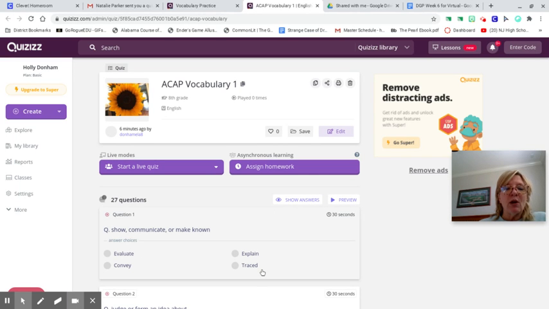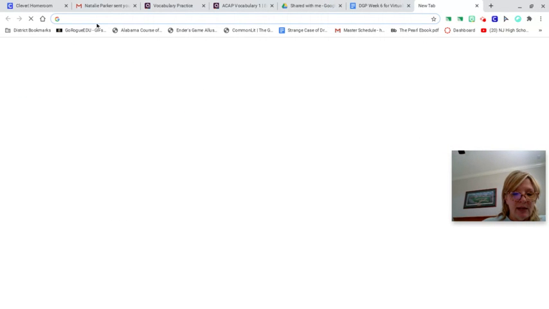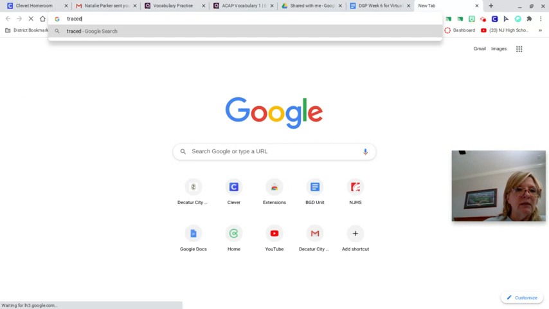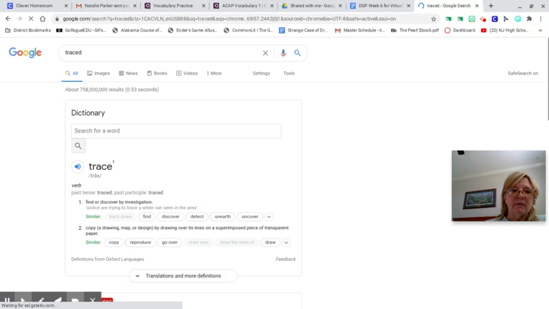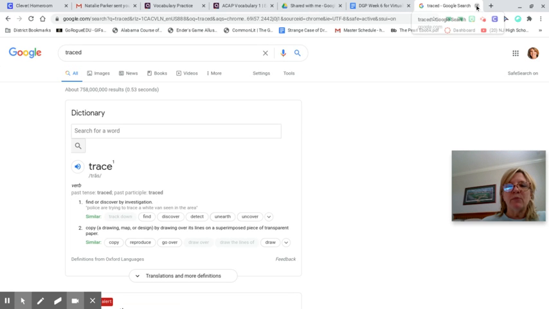Maybe you don't know what traced means, so you can look it up by clicking on Google and logging in and asking it what traced means. To find or discover by investigation. So that's a way you can look up words if you're not familiar with them.